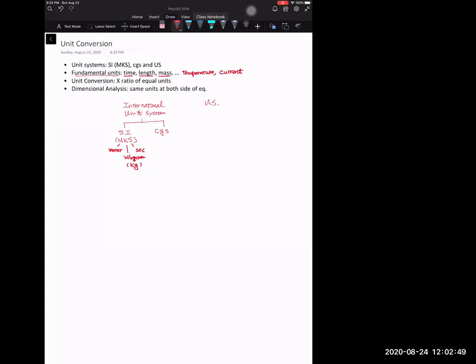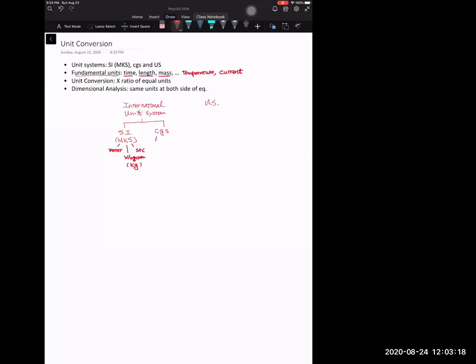Sometimes in the SI unit system, the unit is quite large. If you have a very small quantity, you will get a very, very small value if you use the SI unit system. So if you have a small value to represent the quantity, we probably will use another unit system, which is what we call the CGS.